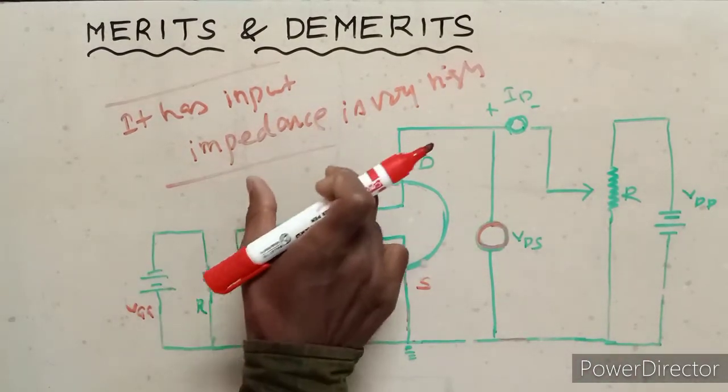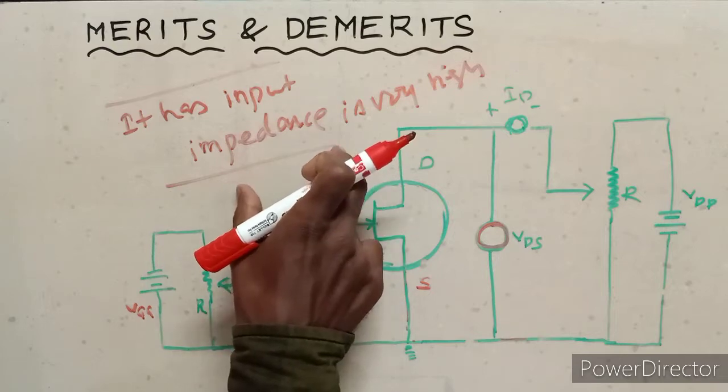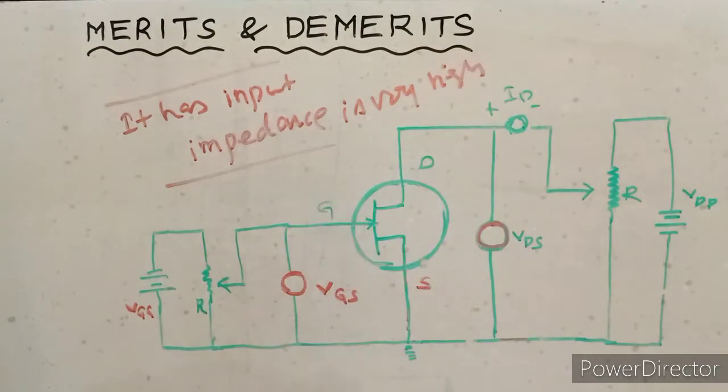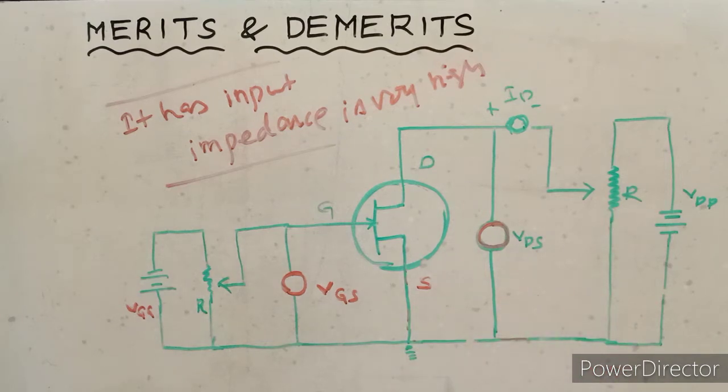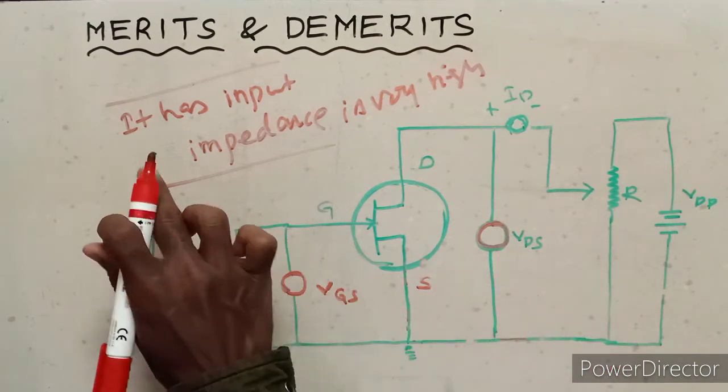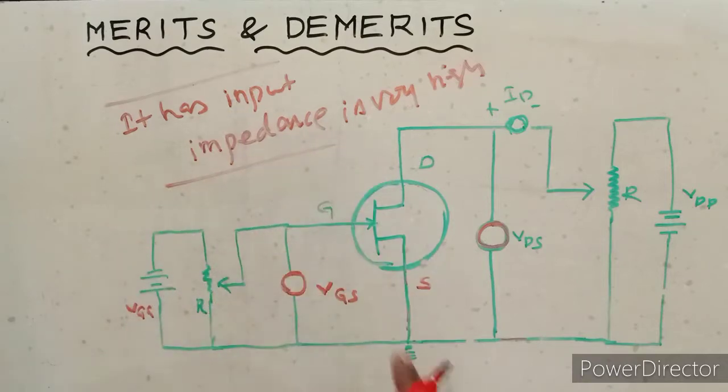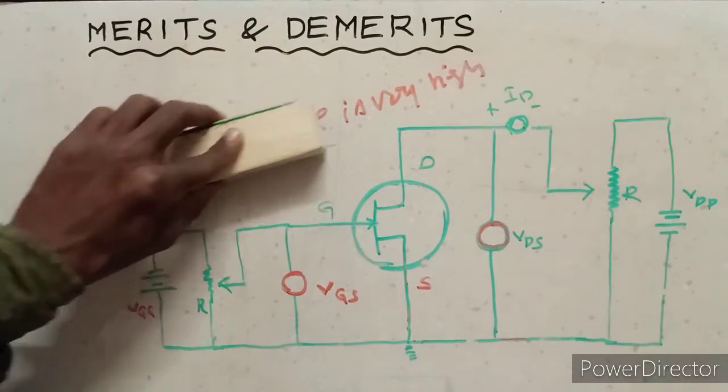So this device is also called a variable resistor. So the second point is it has very high input impedance.